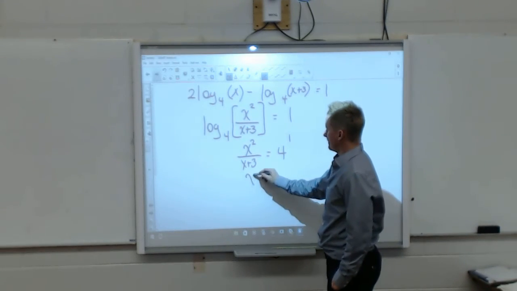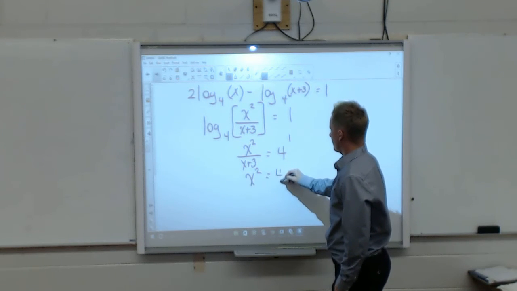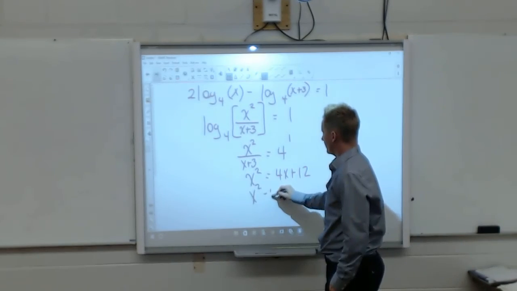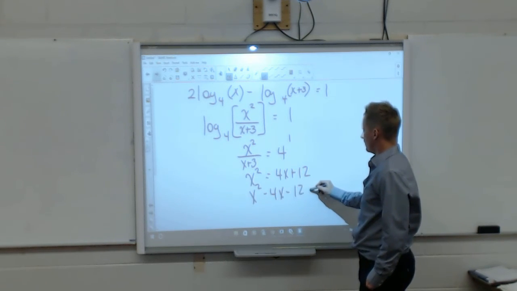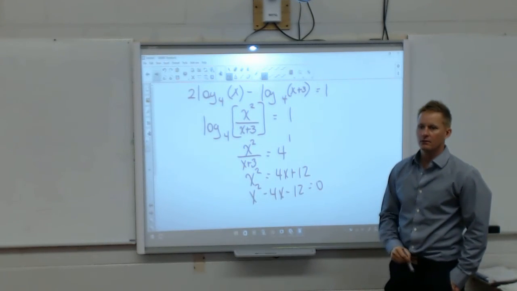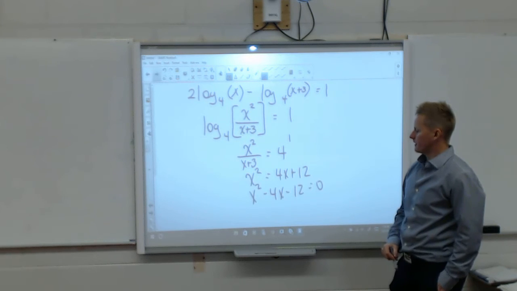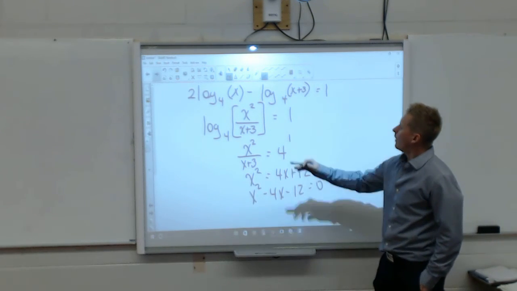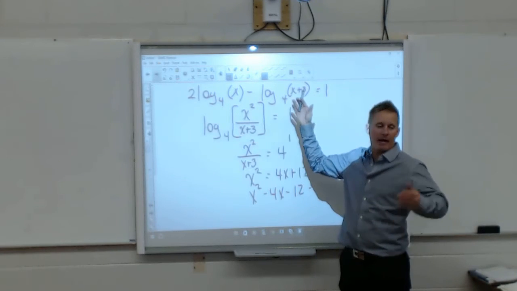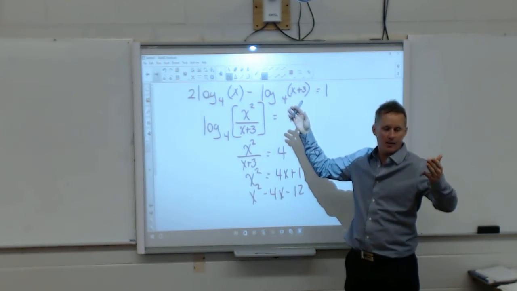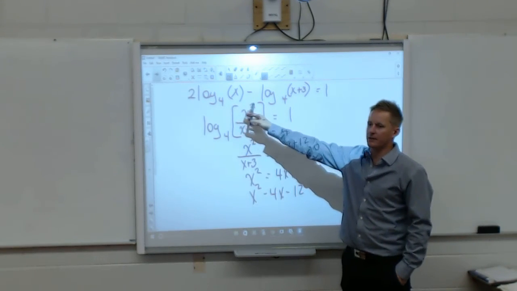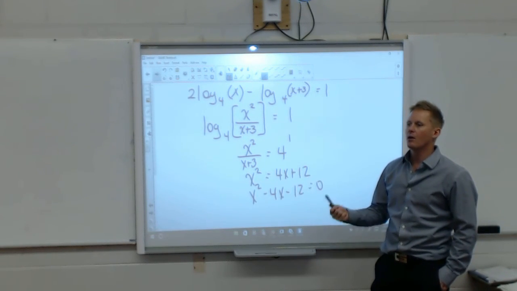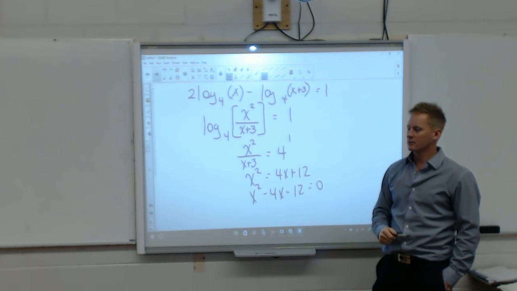Times that up to there, x squared is equal to 4x plus 12. Move it over, x squared minus 4x minus 12 is equal to 0. You don't need to write this down. This is, again, down the road, but I'm just showing you why we are doing the expansion of it today and why we're doing the simplification of it today, so that you can solve questions easier without the calculator.